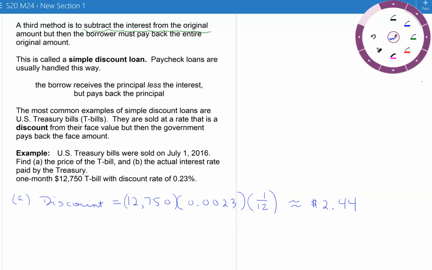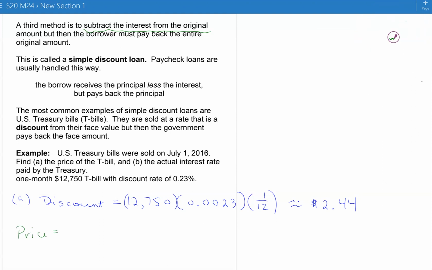So then the price you pay is the face value less the discount. So that's going to be the 12,750 minus the 2.44, or 12,747.56.